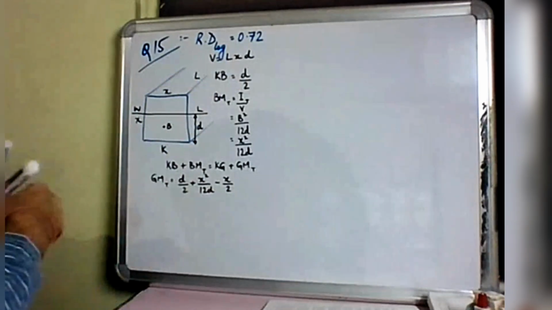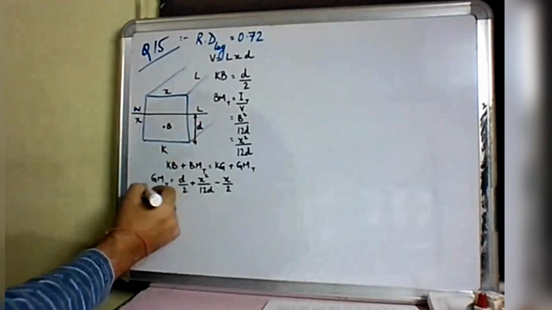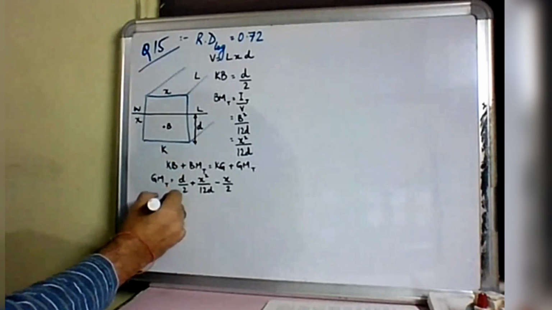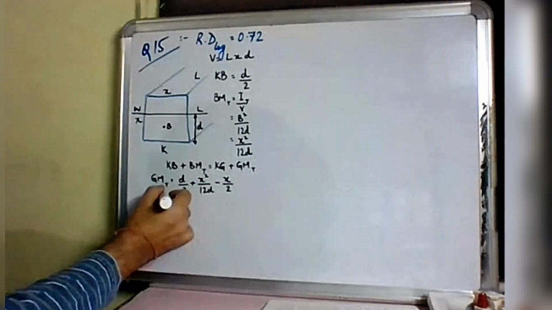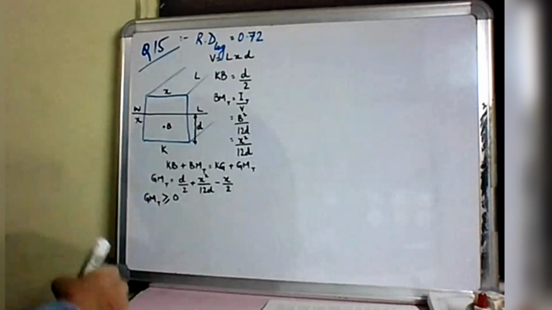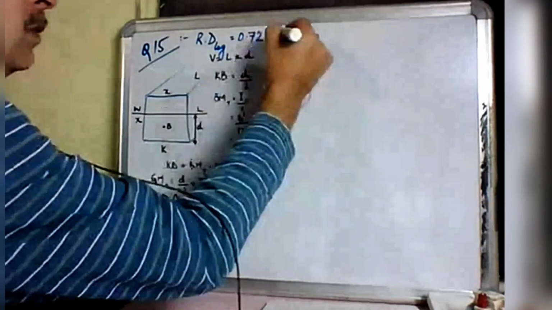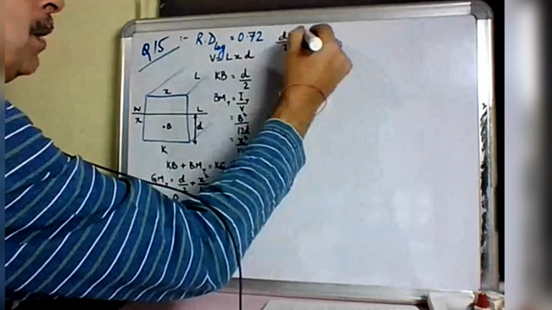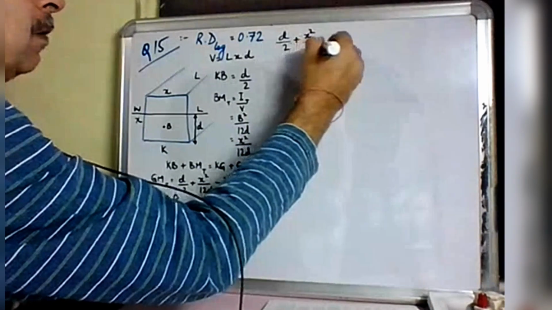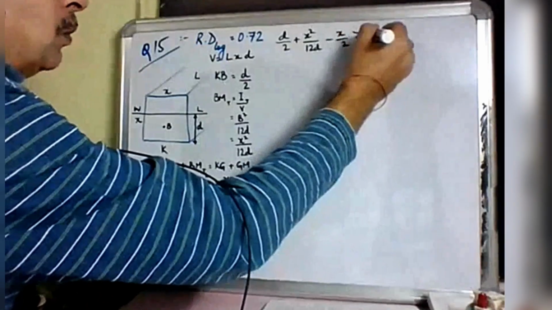So I have an equation here. This log will float upright when the GMT is greater than or equal to 0. She will float, that means GMT is positive. In other words, what I am trying to say is d by 2 plus x square by 12d minus x by 2 should be greater than or equal to 0.